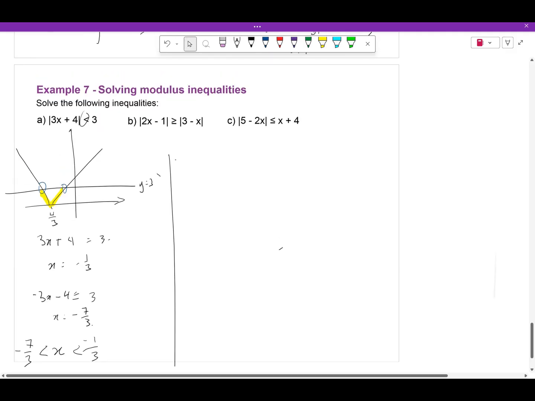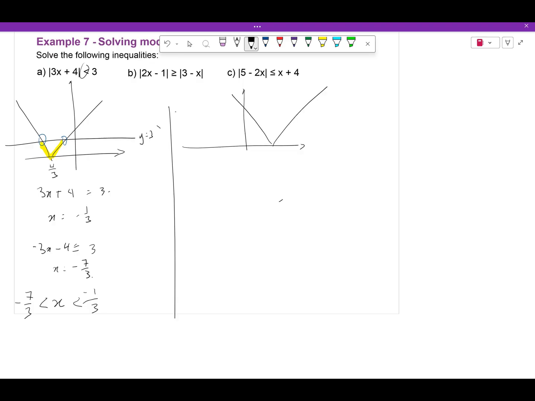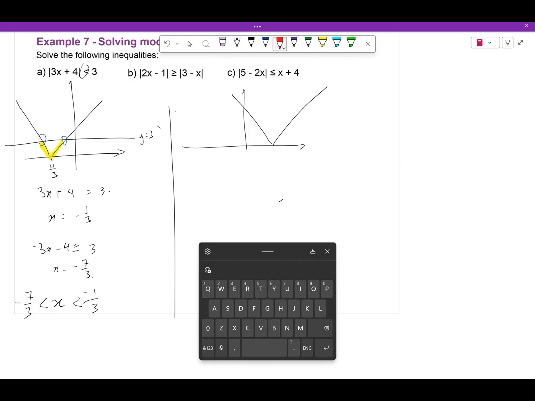Okay, the next one. So we have to sketch 2 graphs. So we have 2x minus 1 bigger than or equals to 3x minus 1. So 3x minus 1 looks like this, and 2x minus 1. So that should become somewhere like here and here.